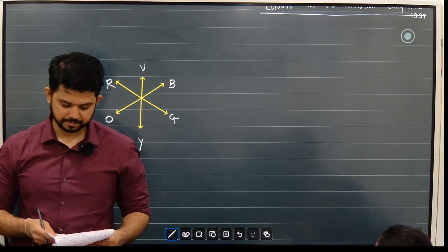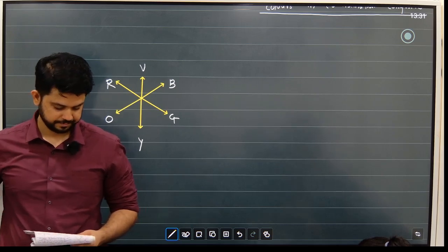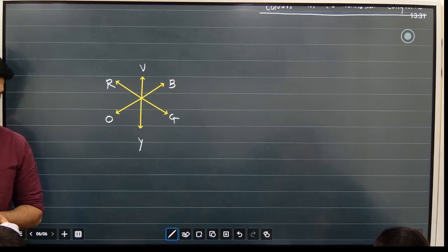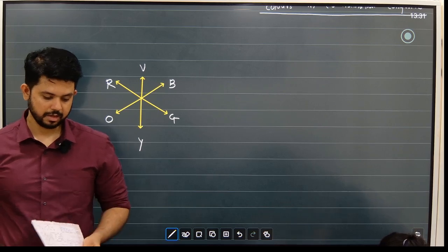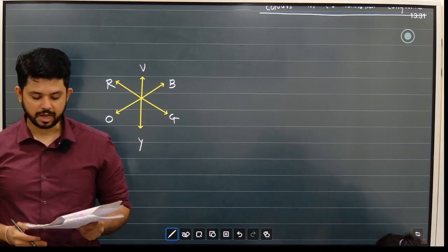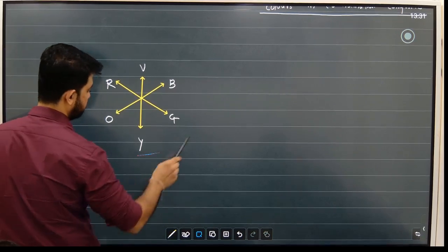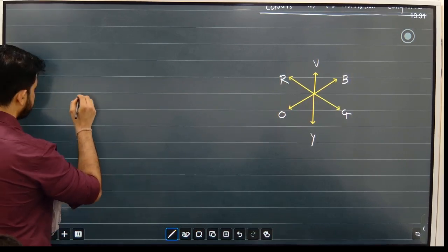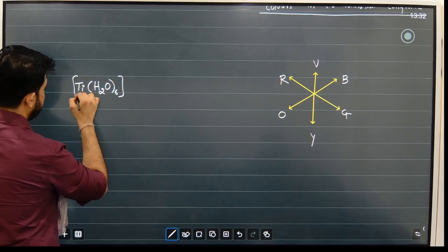Okay, write down. Many of the coordination compounds are colored due to the phenomenon of d-d transition.